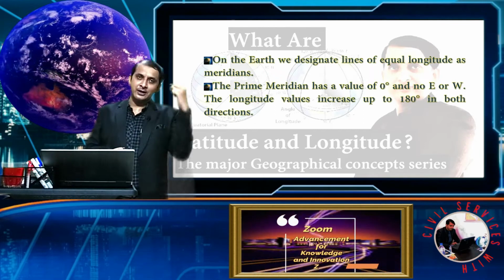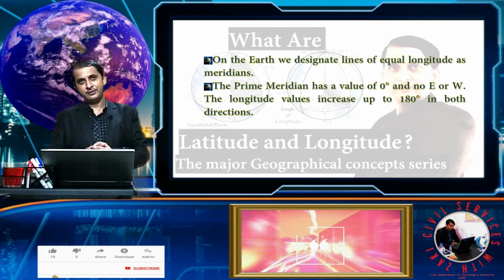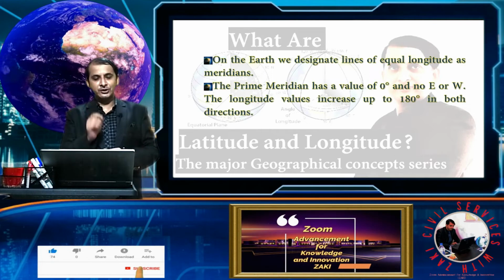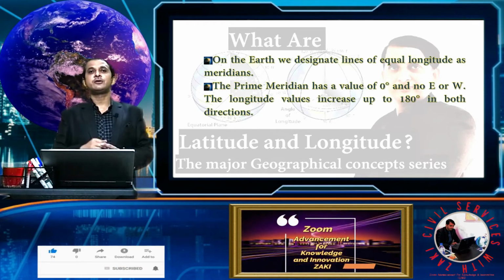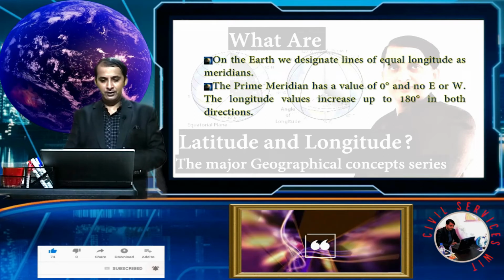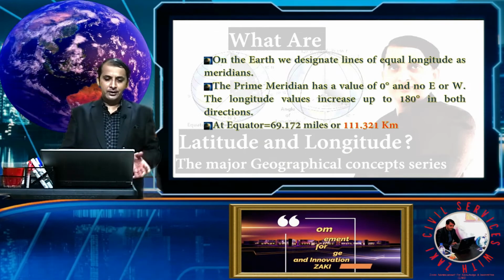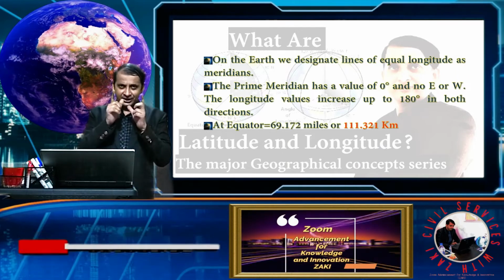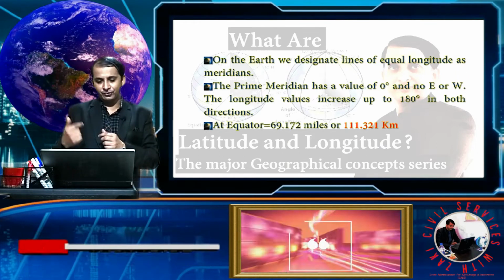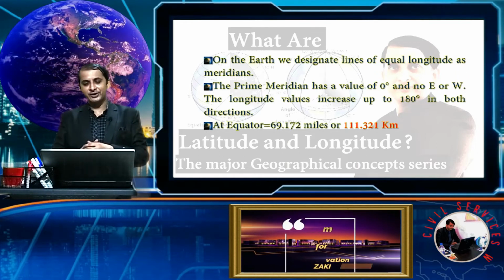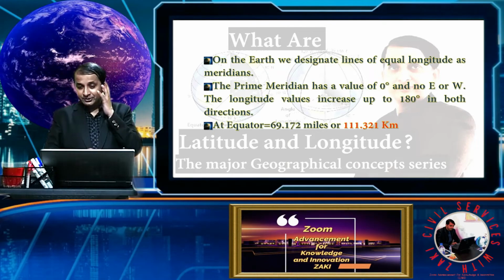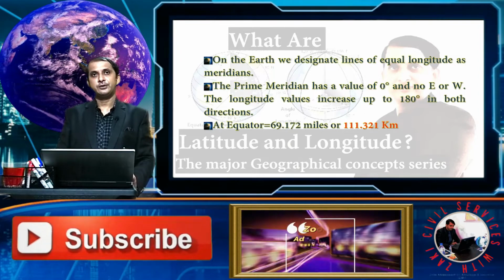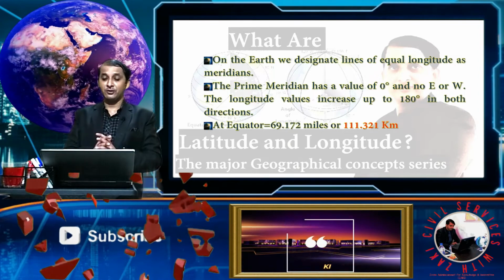If you go to other planets like Mars or the moon, it is 0 degrees to 360 degrees. At the equator, the distance of one degree of longitude is about 111.32 kilometers.